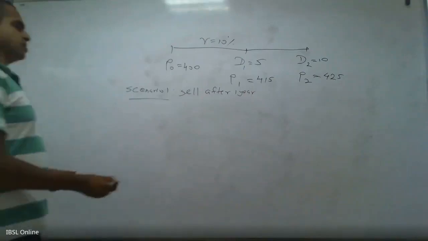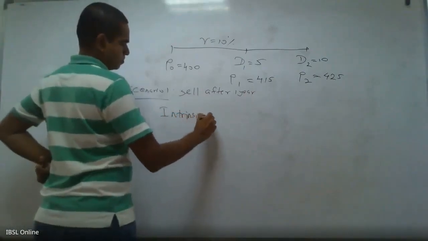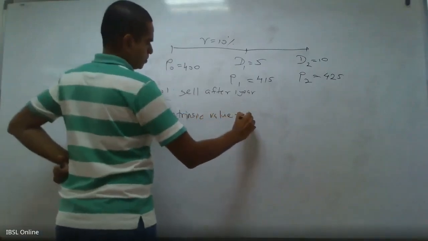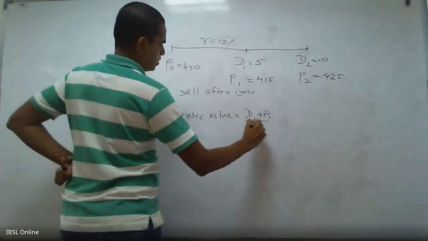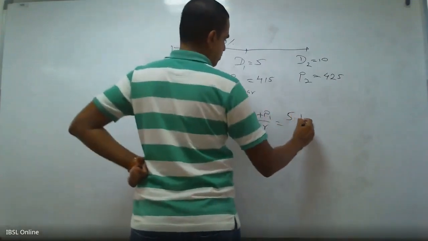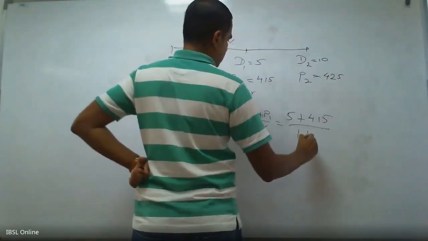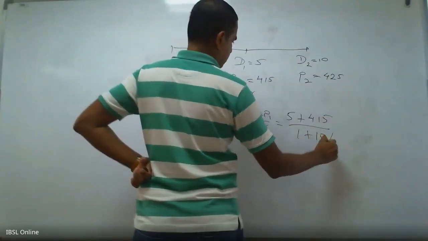Selling after 1 year, the intrinsic value is D1 plus P1 divided by 1 plus R. Dividend 5, price 415, divided by 1 plus 10%.